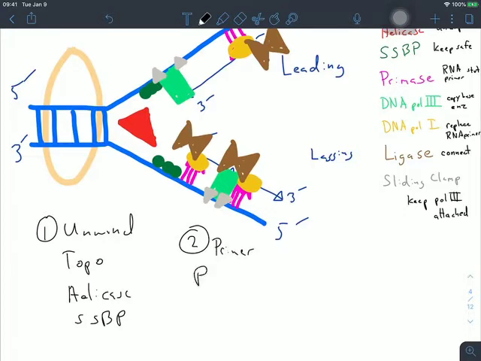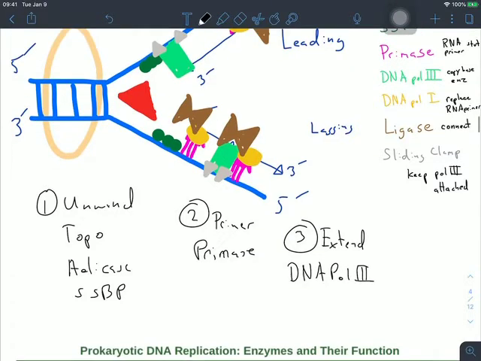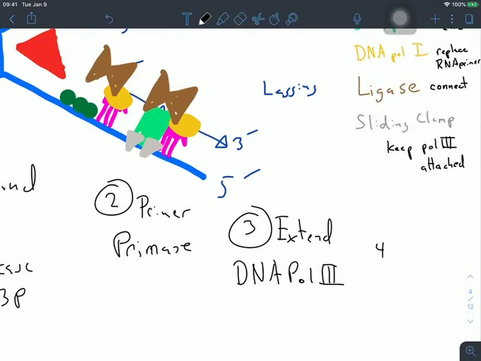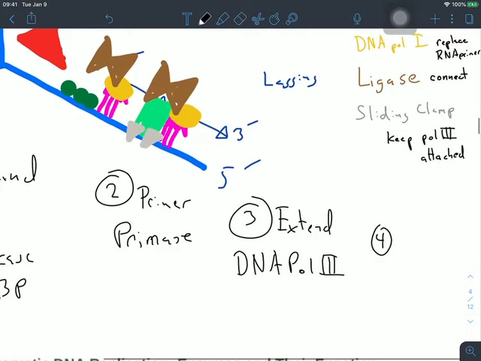This is done by DNA primase. Step 3 is going to be our extension step, where DNA Pol 3 is adding bases. And then step 4 is our repair and connect.